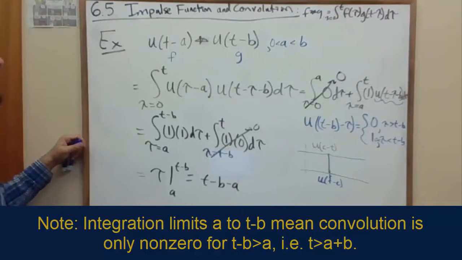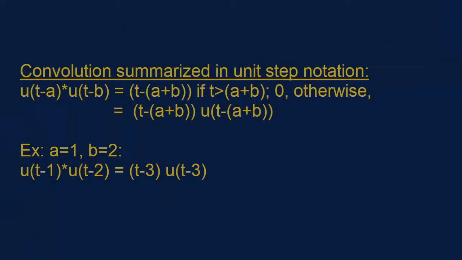Before we graph it, let's think about this integral calculation a little bit more carefully. Since we knocked out the limits from tau equals 0 to a and the limits from t minus b to t, we are assuming a certain range of t values to fit in here.